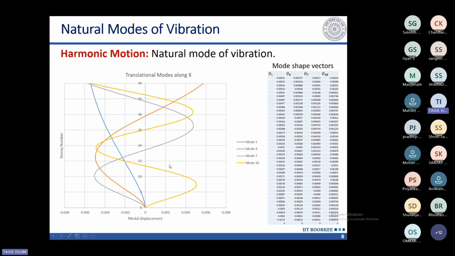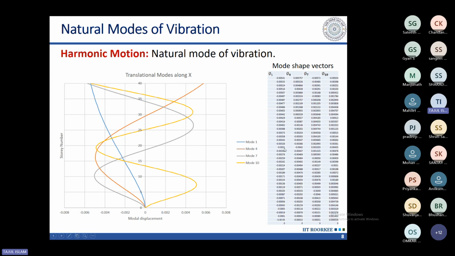Then the second mode, second translational mode, but here you see this is not second, this is mode 4, because these values I have taken from ETABS or some software where you are running your analysis. So this second translational mode will be your fourth mode in the software, depending on the mode shape condition in your structure.